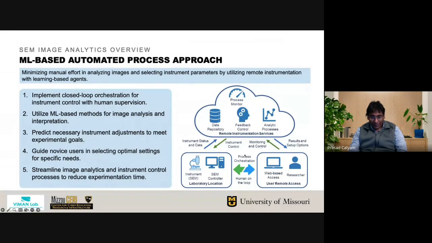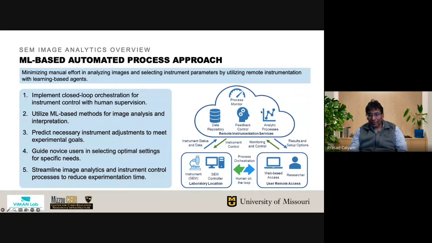And the science is happening within this sort of remote instrumentation service ecosystem. And that's why we call it the remote instrumentation science environment, which is what I was coining our project as, where you have a number of services that are helping automation of the image analysis, image acquisition, image parameter selection.